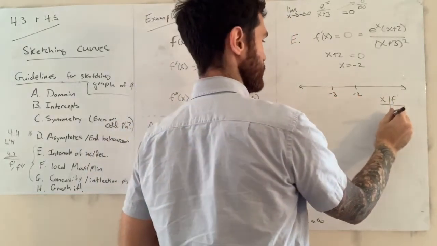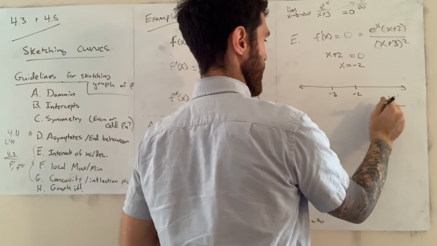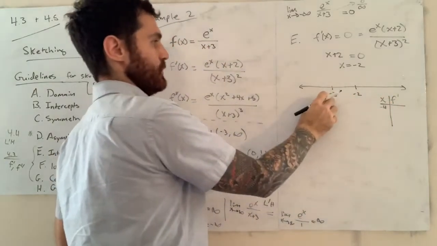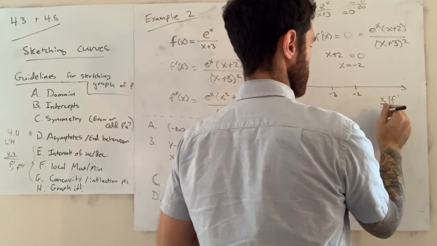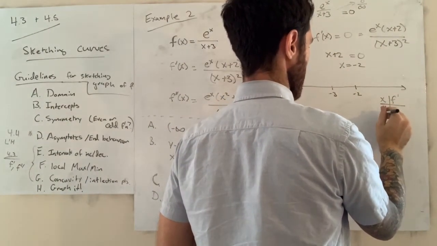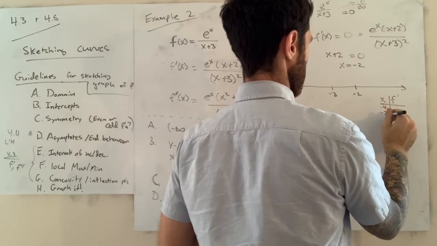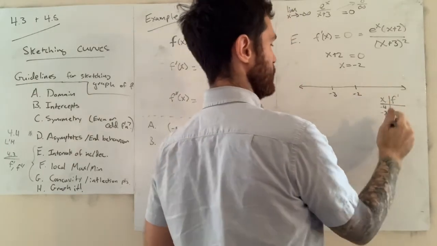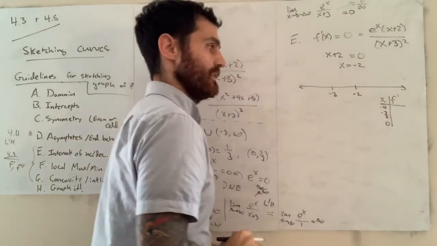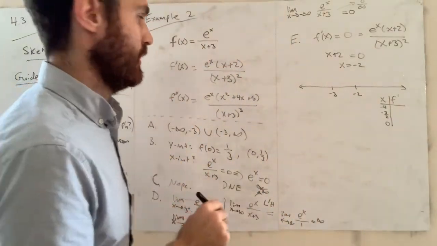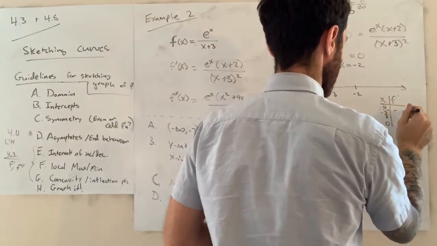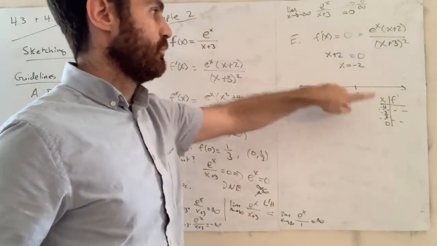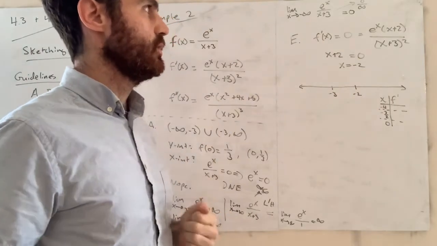We're going to have to choose 3 test values: negative 4, one in between negative 3 and negative 2, so maybe choose negative 3/2, and then some value after negative 2. Let's pick an easy one, 0. In fact, we actually already plugged that in. All right. Now, look at your derivative, plug these values in. What are you going to get?